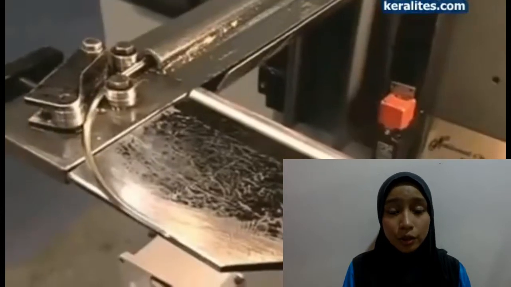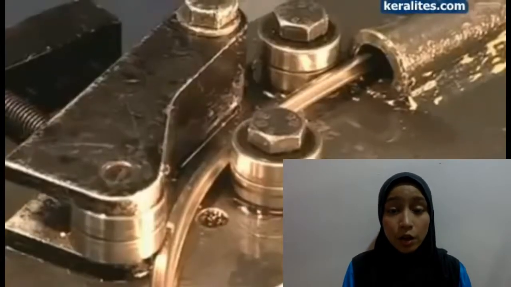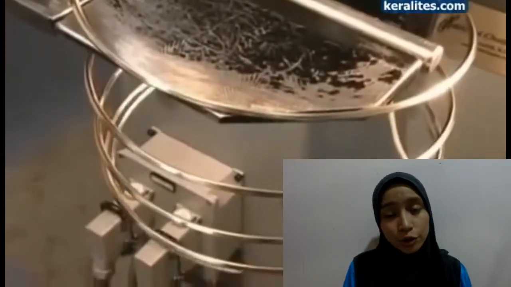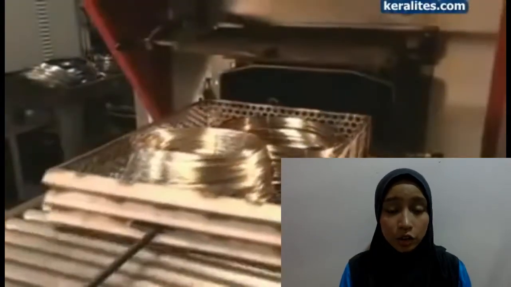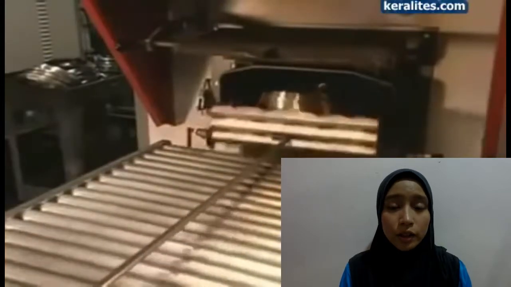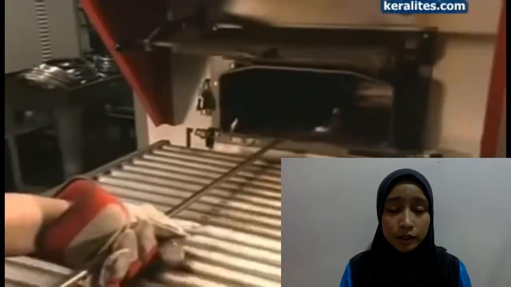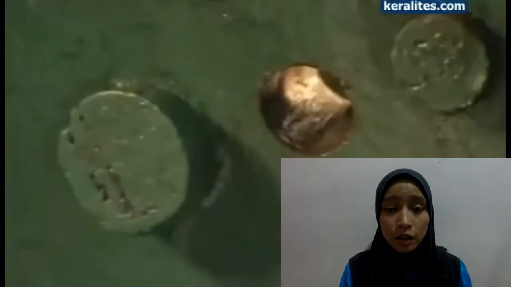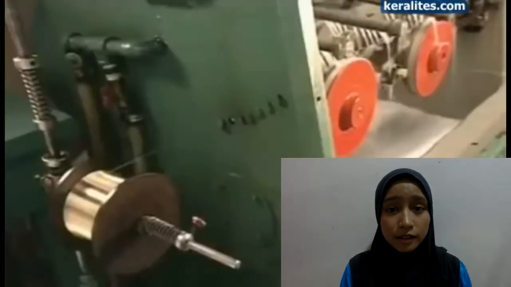Next, the rod will go to the winding process, where the condition of the rod will change from straight to coil. In coil condition, it will enter an oven for the softening process. This is for its further stretching process until it reaches the final size.